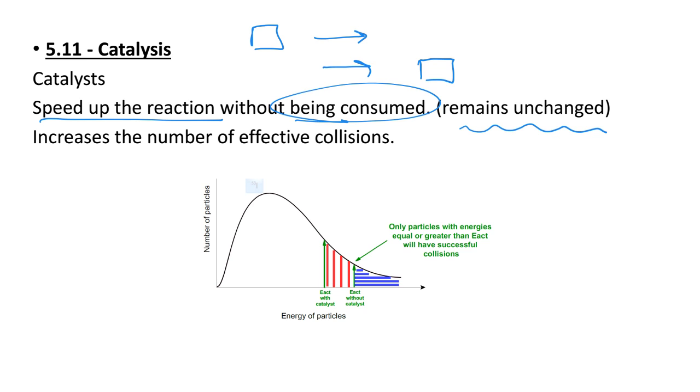All it does is speed up the reaction because it changes the series of steps that takes place, giving a series of steps that happen a lot faster and increasing the number of effective collisions. If we're looking at our Maxwell-Boltzmann diagram, the activation energy line is just going to be moving farther to the left, giving you more molecules that have enough energy to react and collide and create new bonds.